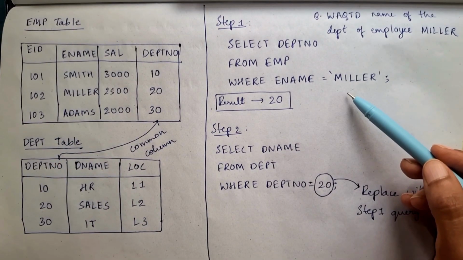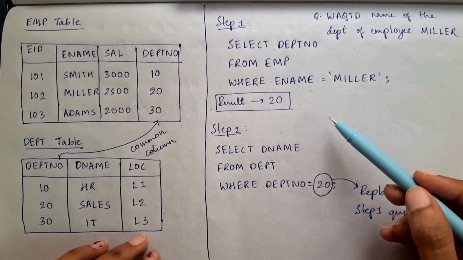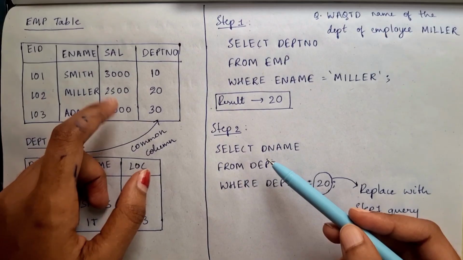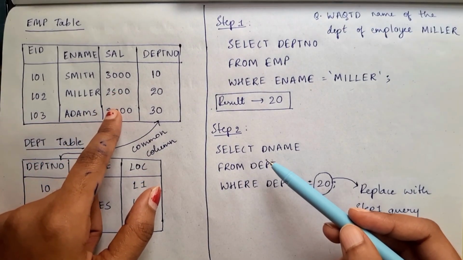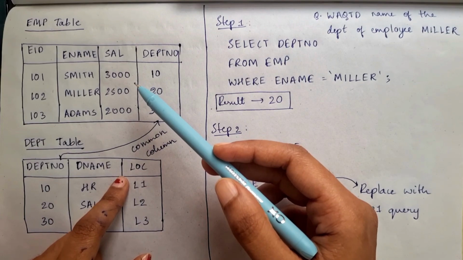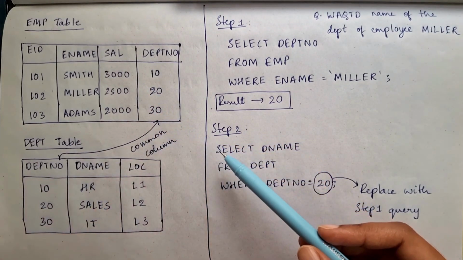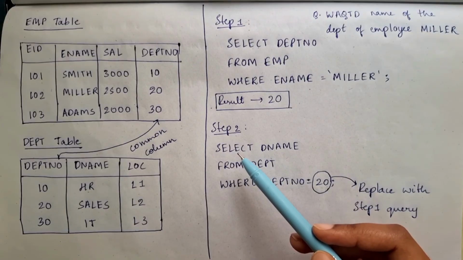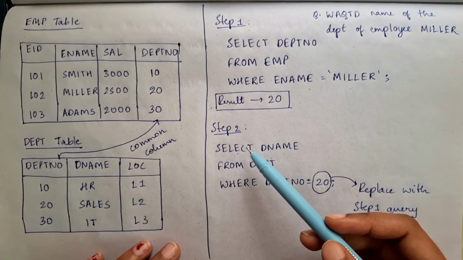So here the data we want to display is in the department table, but the condition we need to apply is in the employee table. Since the information is present in two different tables, we cannot directly write a simple query on just one table. So we solve this question in two steps, guys.